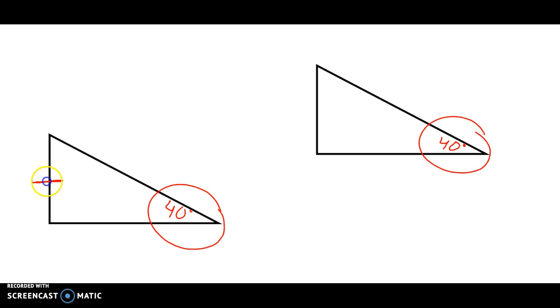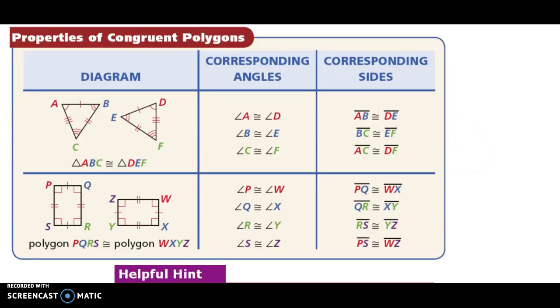This side is congruent to this side, so I would say that this side is corresponding to this side, because they're both the shortest side. So we call those corresponding sides and corresponding angles. And if all 3 sides and all 3 angles are congruent, then that means the triangles are the same size. They're congruent. So let's take a look here.